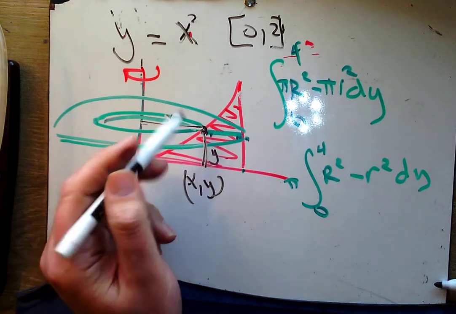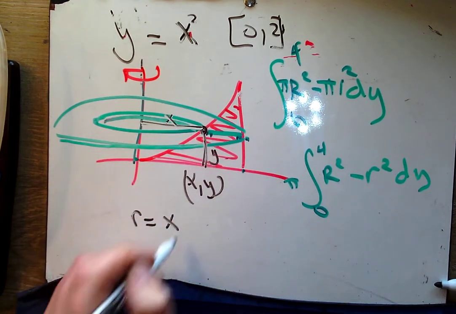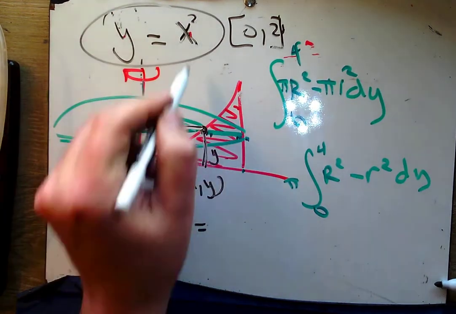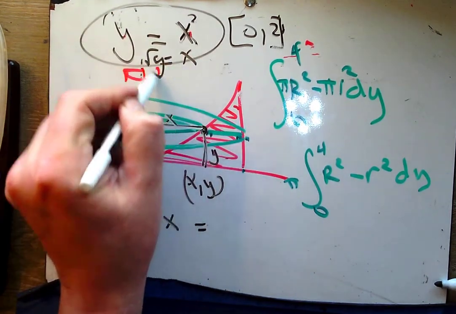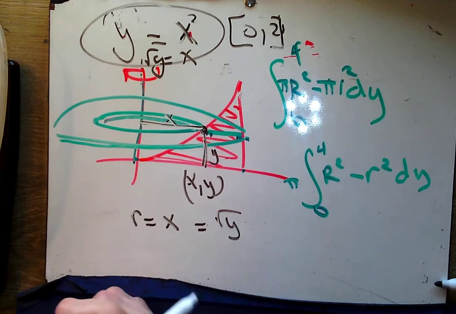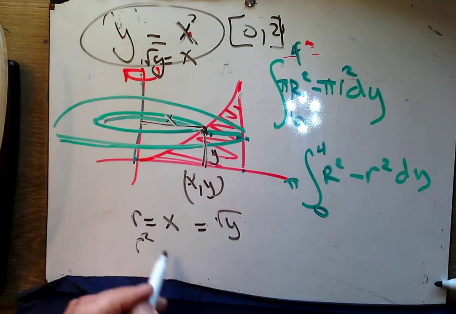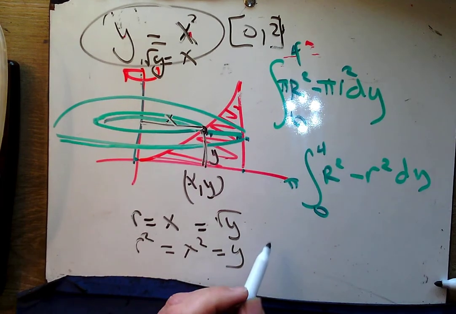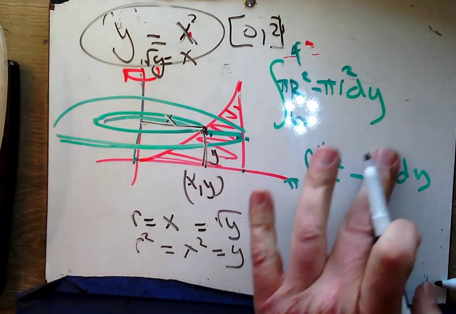So I know that little r is x, and according to this, x is the square root of y. In fact, I want little r squared, and that's just y. Good, so I'm going to plug a y in there.